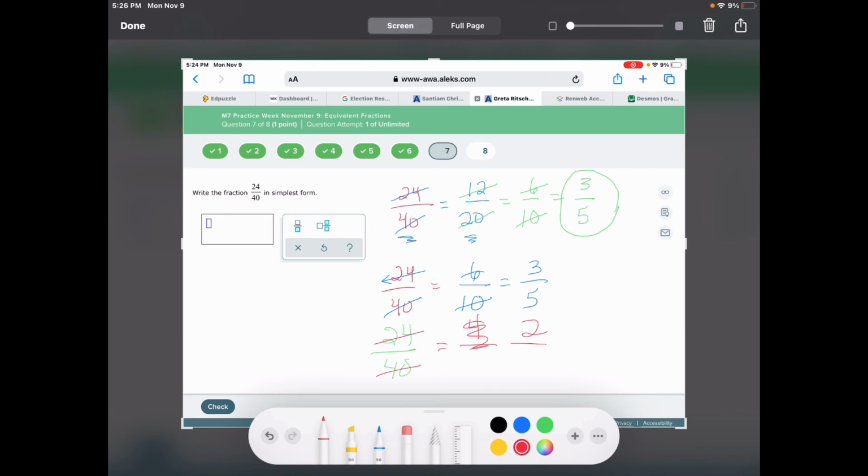Nope. 8. 8 goes in there 3 times, and 8 goes in there 5 times. So there's my 3/5. If you see the 8 the first time, good for you. If you don't, knock it down by 2s. You see what I mean?